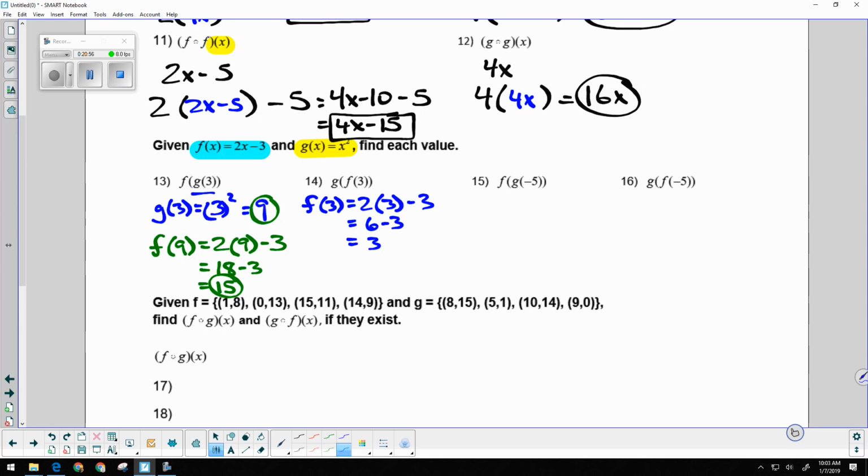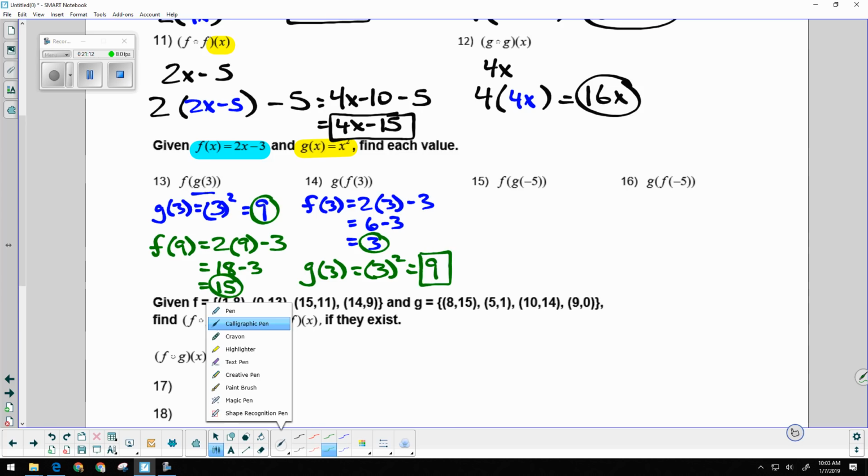And then we are going to take this 3 and plug it into g. So g of 3 is equal to 3 squared, which is 9. And 9 is your final answer. To avoid any confusion looking back as to what the final answer is, I'll highlight it.